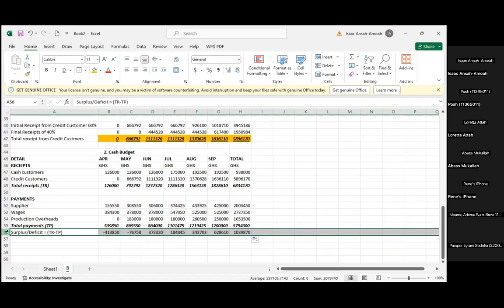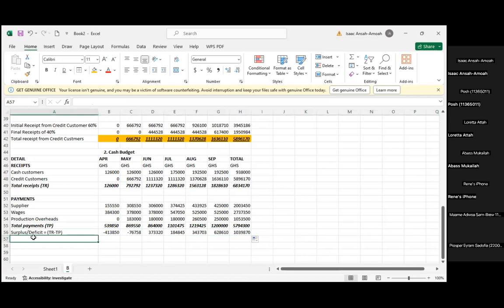Suggest ways that the firm can finance the deficits, and then ways that the firm can invest the surpluses or utilize the surpluses. It's a whole question on its own for 5 marks. Who can answer this? In which ways would a firm be able to finance the deficit?